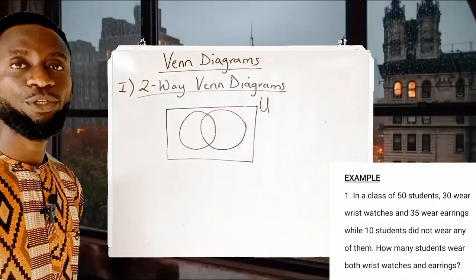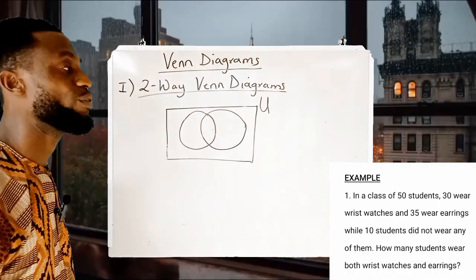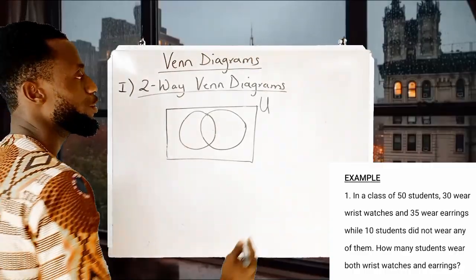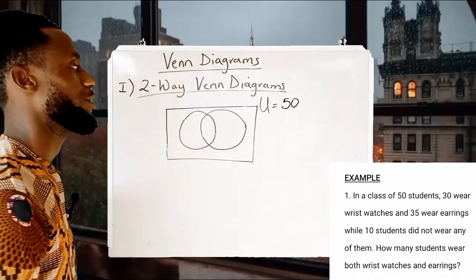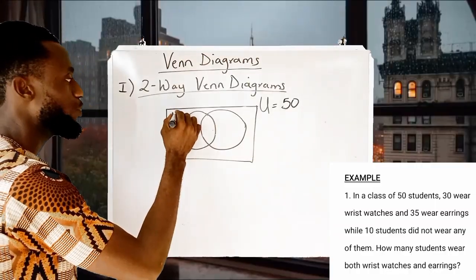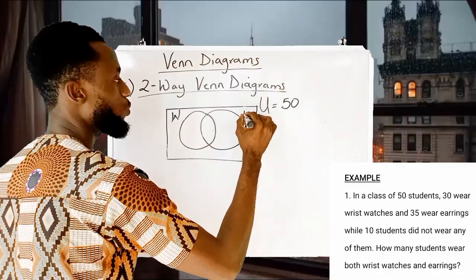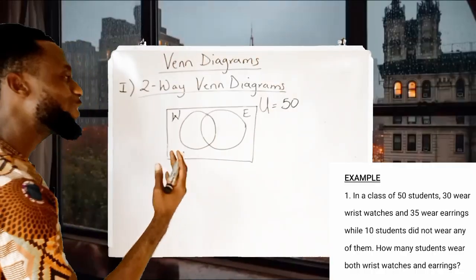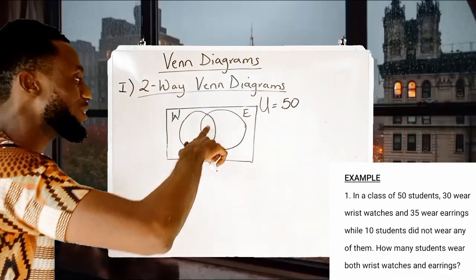In your question, as seen on the screen, the total number of students will represent the universal set. So U is equal to 50. We have some set of students who wear wristwatches and those who wear earrings. We are looking for those who did both. Whenever you're solving a question on Venn diagram, the middle is the most important.